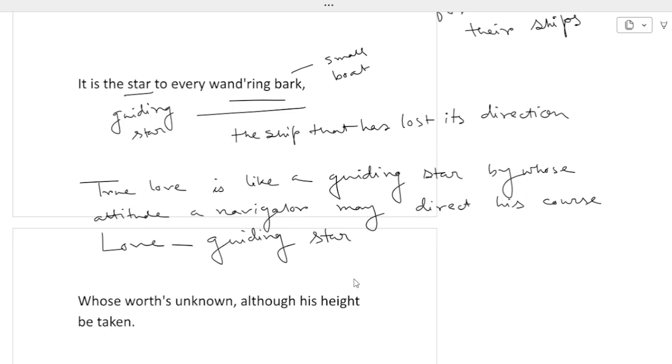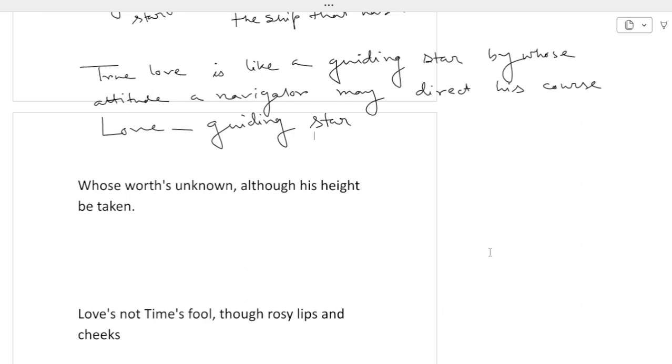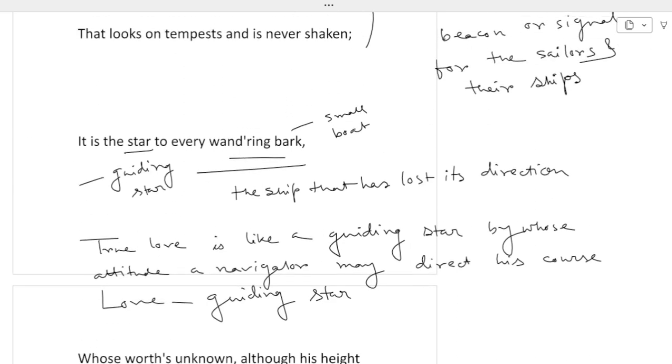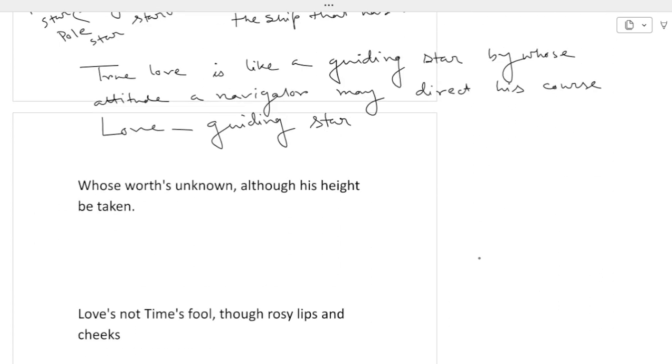Whose worth's unknown, although his height be taken. Now in this line, the guiding star, we refer to the northern star as the guiding star, or you can also say pole star. Here this "his" is personification. Whose worth's unknown means the value of which is beyond human measurement.